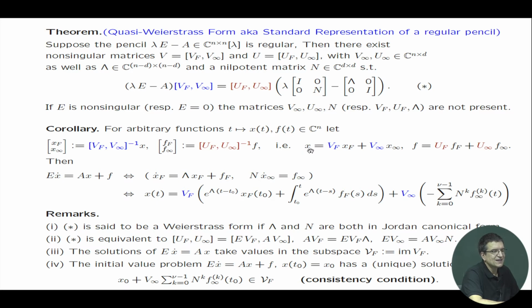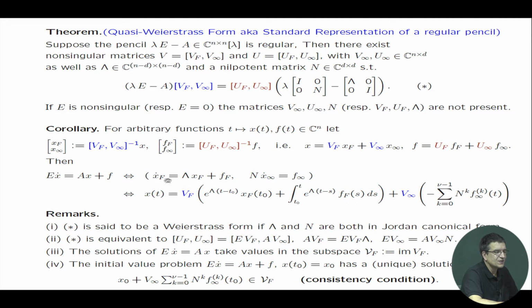So x is this sum. So the finite part multiplied with the finite V vector block, and the infinite part multiplied with the infinite V block. And the same with U. Then it turns out that our differential algebraic equation is equivalent to two equations.